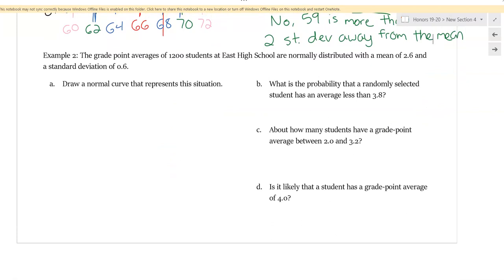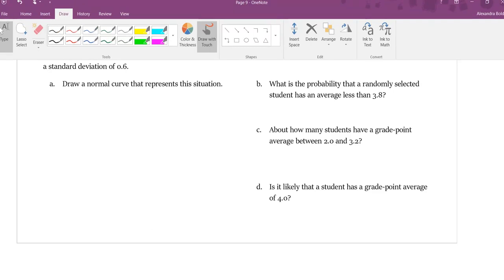Example 2. The grade point averages of 1,200 students at East High School are normally distributed with a mean of 2.6 and a standard deviation of 0.6. Draw a normal curve that represents the situation.